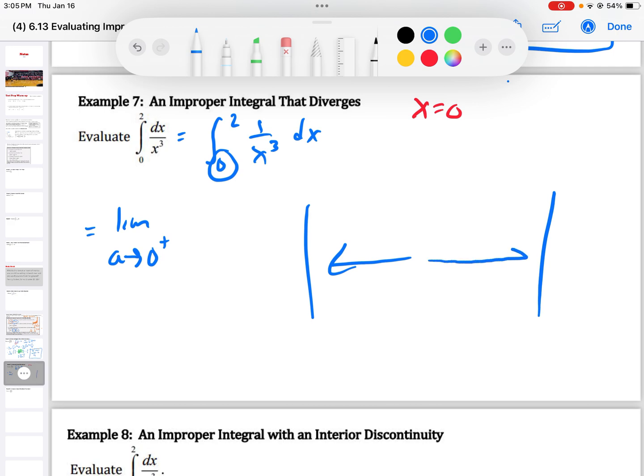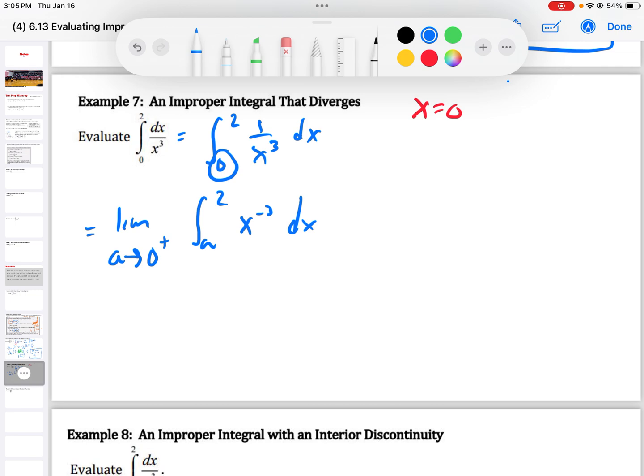If it's the upper limit, it's as I approach that upper limit from the left. And it's not always going to be 0, it's just whatever your vertical asymptote number is. This one just happens to be 0. So it's the integral from a to 2 of x to the negative 3 dx, which is equal to the limit as a approaches 0 from the right.